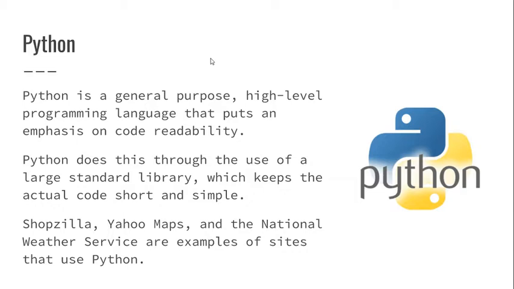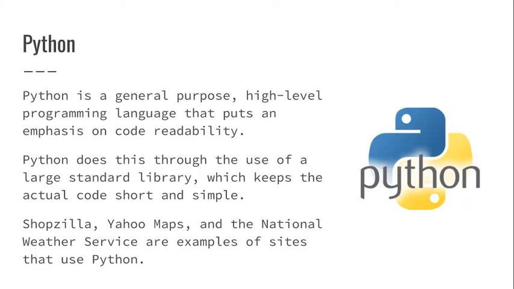You have Python. Python is a general purpose programming language. You can use Python to create tons of stuff. It's really easy to learn, really easy to write, because Python was developed with an emphasis on code readability.